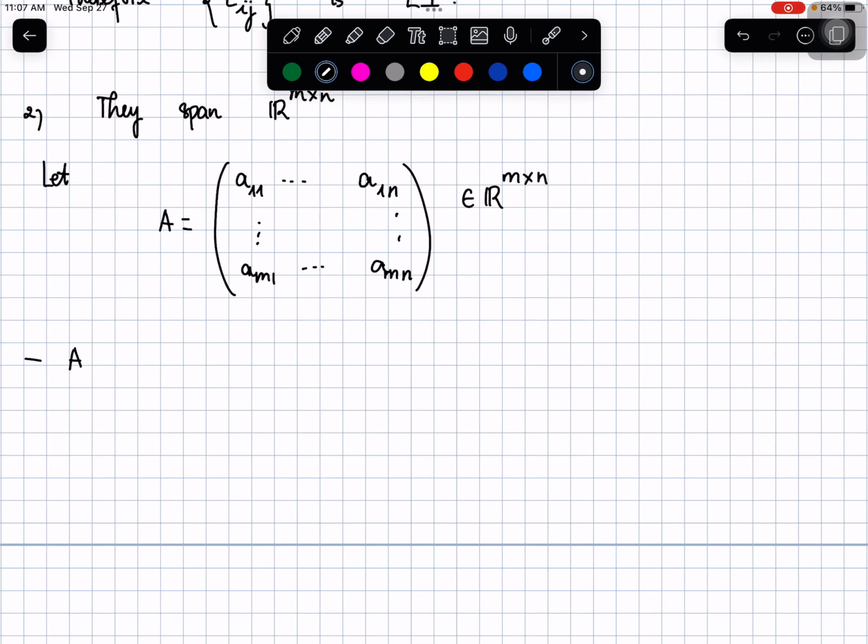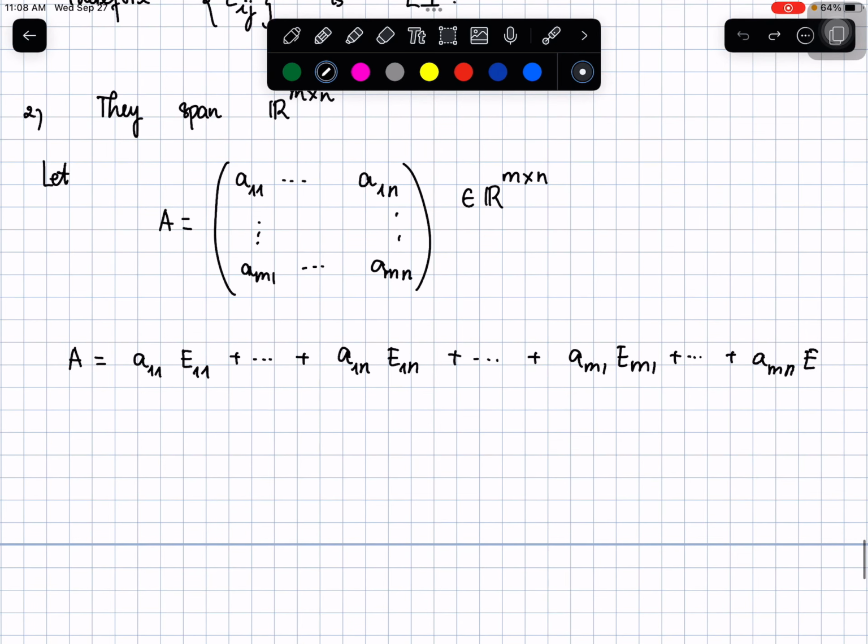We have A equal to a11 times E11, plus a1n E1n, plus am1 Em1, up to amn Emn.